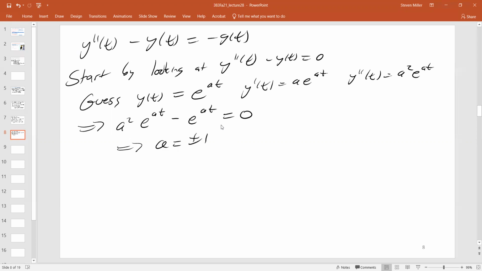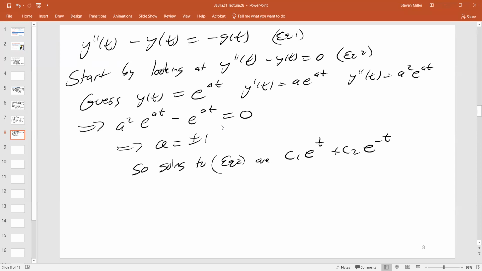Plus or minus 1. So the solutions to, let's call this equation 1, we'll call this equation 2, to equation 2, C1 e to the t plus C2 e to the negative t.